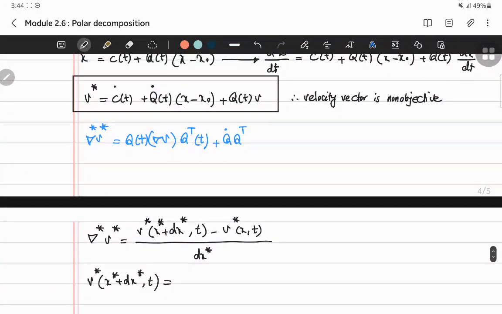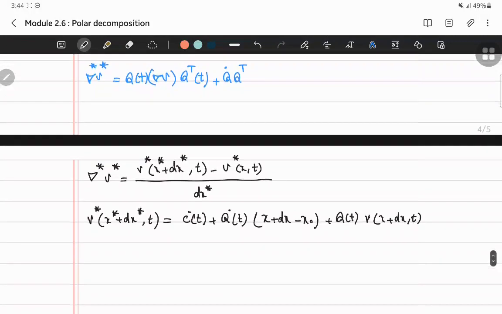Okay, so from here I write c dot t plus Q dot t, and then I have x plus dx minus x0 plus Q(t) v of x plus dx and t.